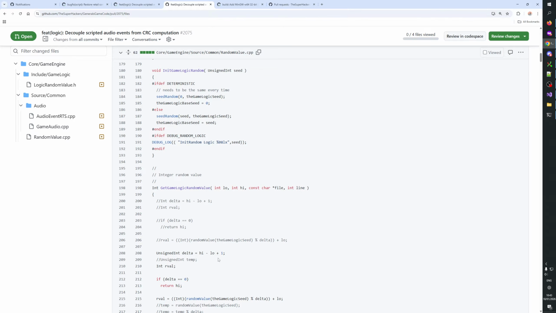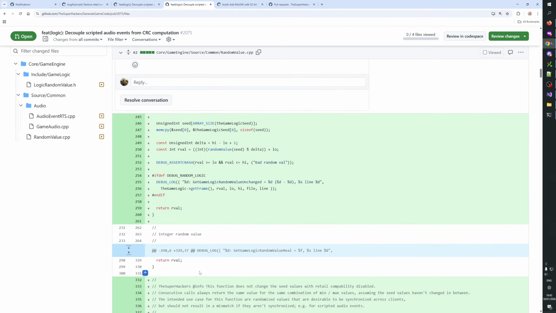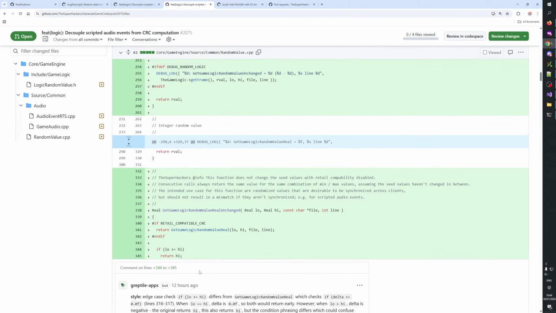High minus low plus 1. If the delta is 0. Return high, okay. Low.